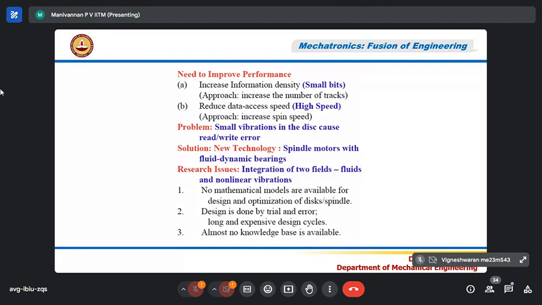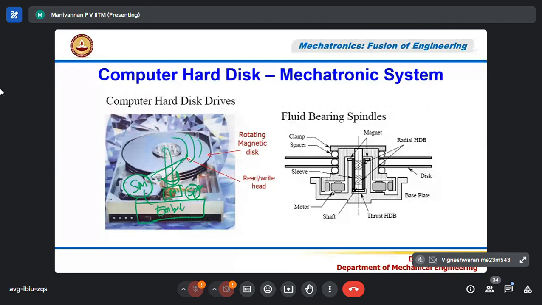Okay. Here, I wanted to explain this because if I want to improve the performance of the hard disk, I should store more data. Increase the information density. That means I will record the data in a very small area. Small area means I make my disk rotate faster.